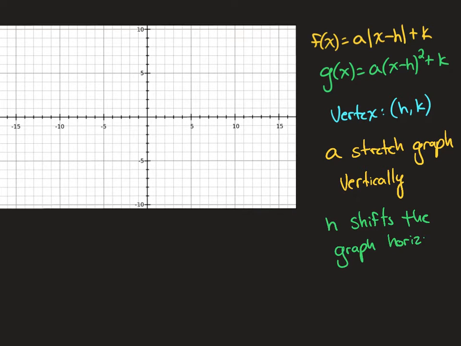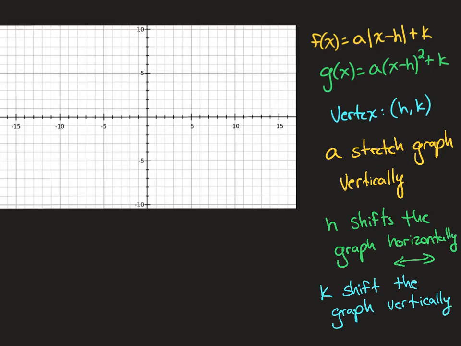Because it's in there with the x, so it's affecting our horizontal movements left and right. And then K will shift the graph vertically. So it's outside with the y, so that shifts us up and down.